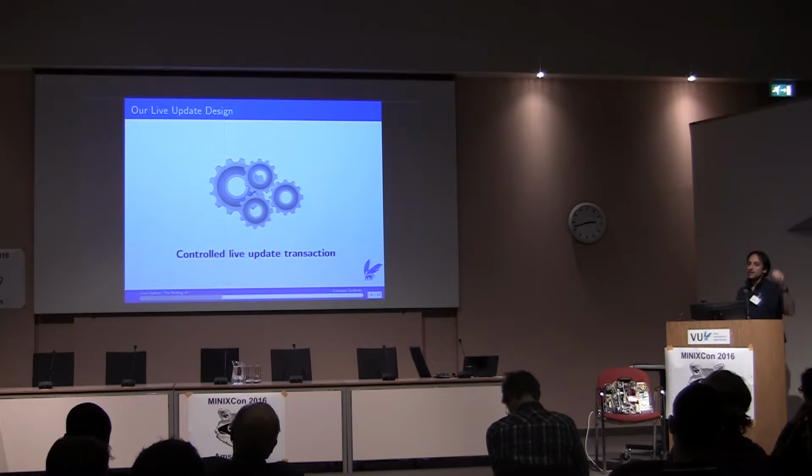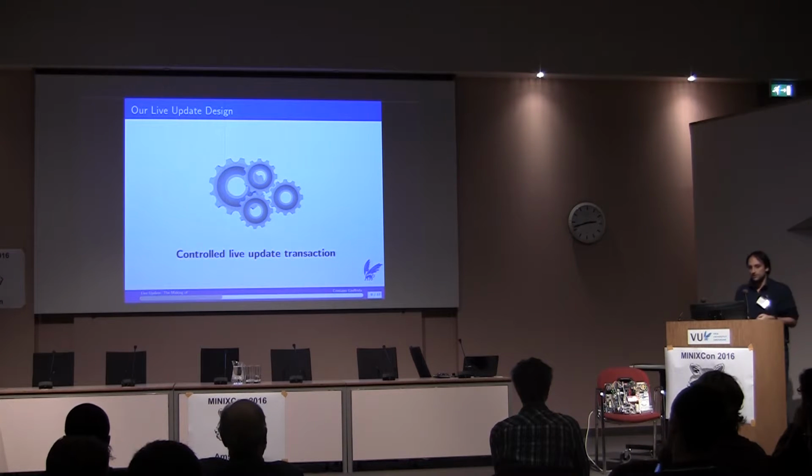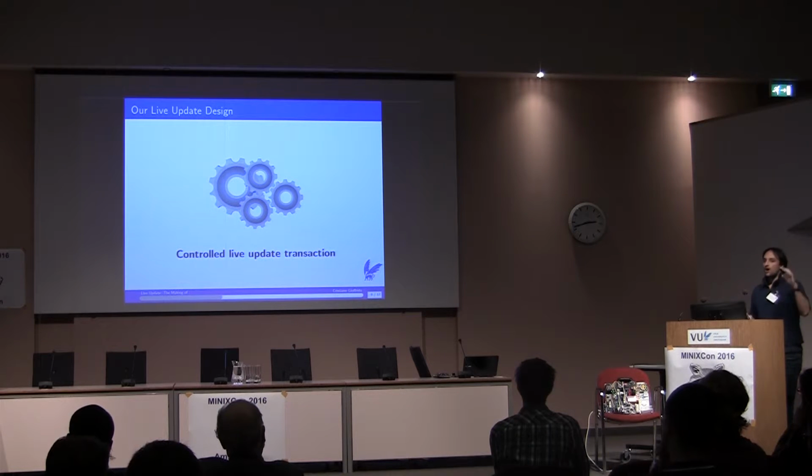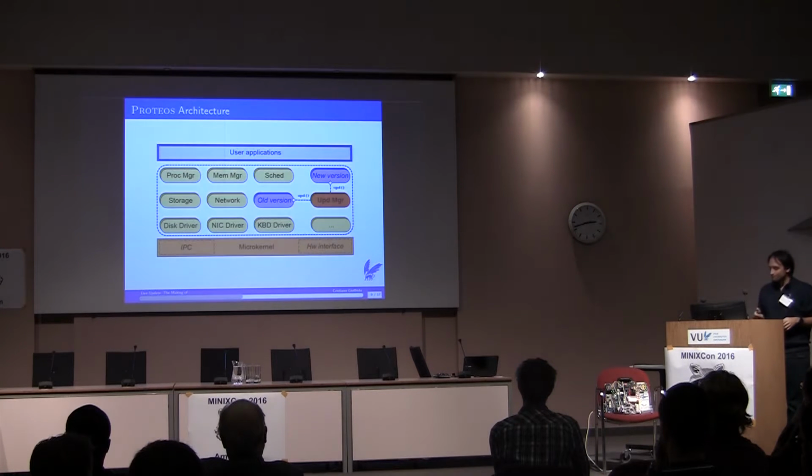For instance, you can say the component B can only be updated when it converges to this particular safe update state. And we do this with what we call state filters. So state filters really look like assertions, essentially. They are conditions on the state and the data structures of a particular component to encode the safety constraints for the update. And we'll look at an example shortly.